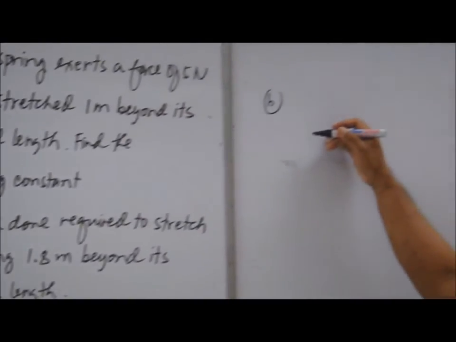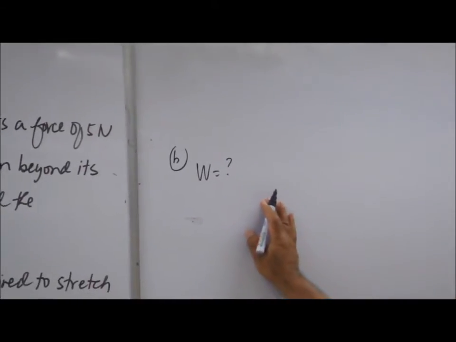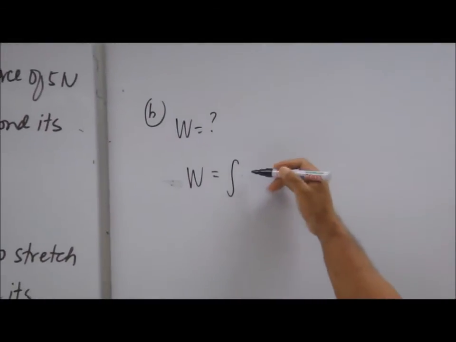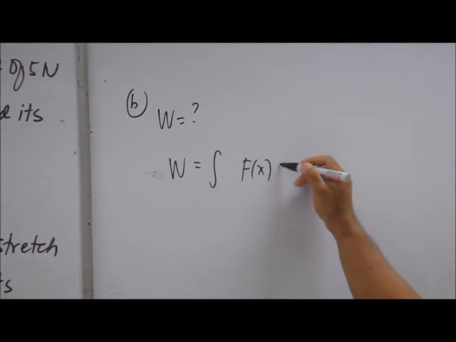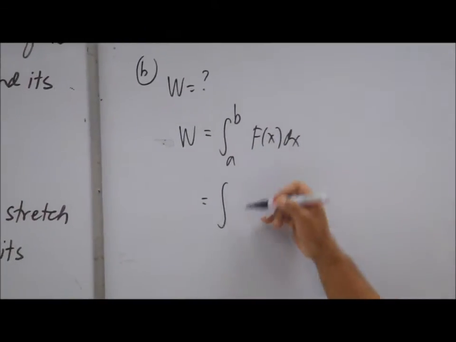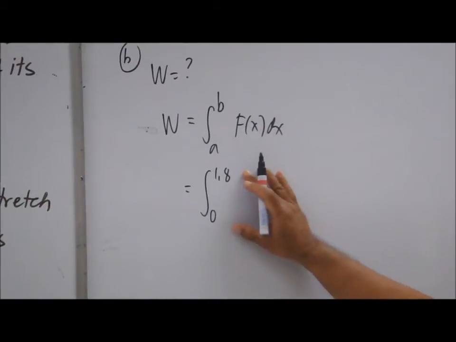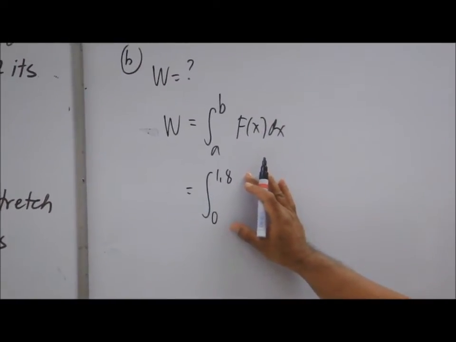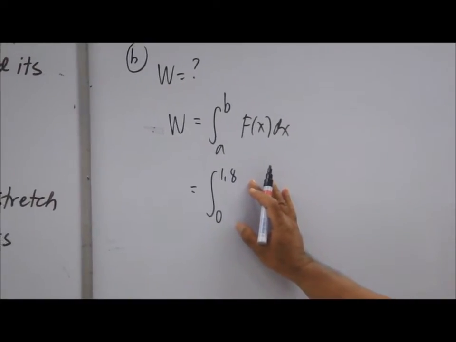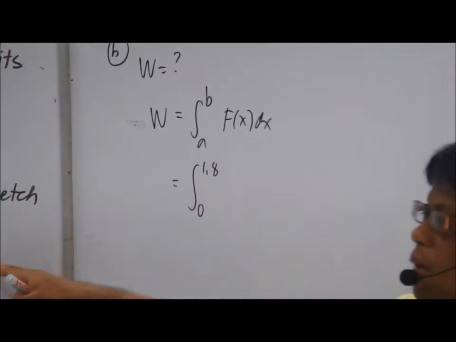So therefore, work is required here. And then, from the formula of work, the integral of f of x dx from a to b, the limits will now be 0 to 1.8, because this is the displacement which is represented by x. It's stated in the problem here.